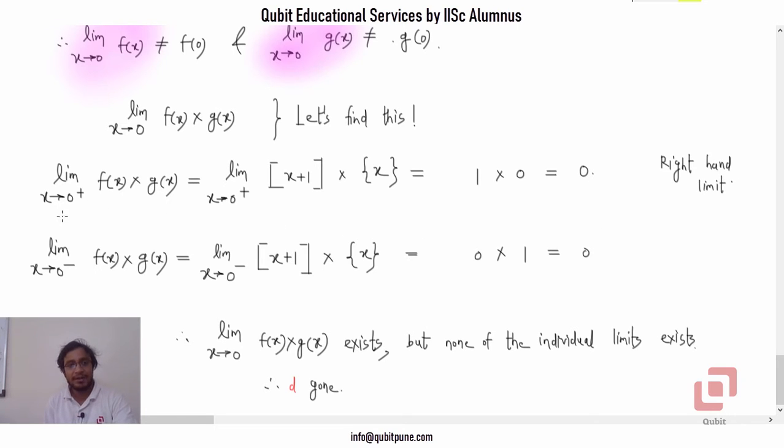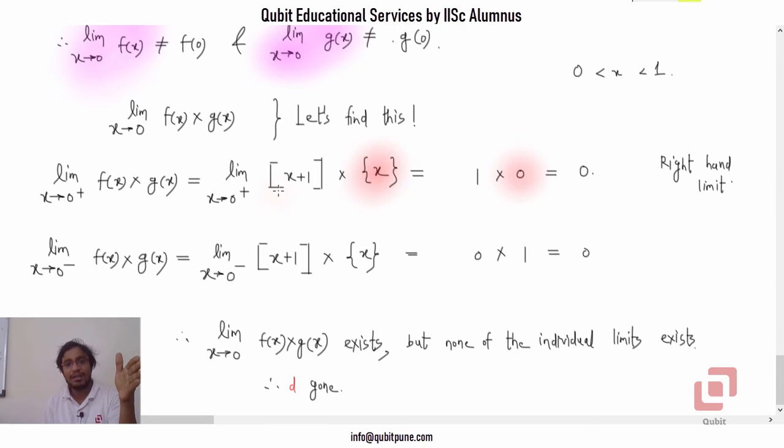So limit as x tends to 0 plus of f of x into g of x is equal to, for our choice of functions, limit as x tends to 0 plus of box x plus 1 into fractional part of x. Now we know that for any real number which lies between 0 and 1, its fractional part tends to 0 as we go to 0 from the right. So clearly this function's limit is 0.